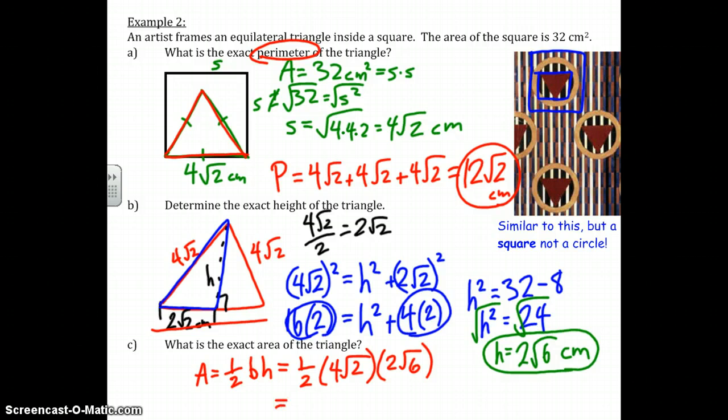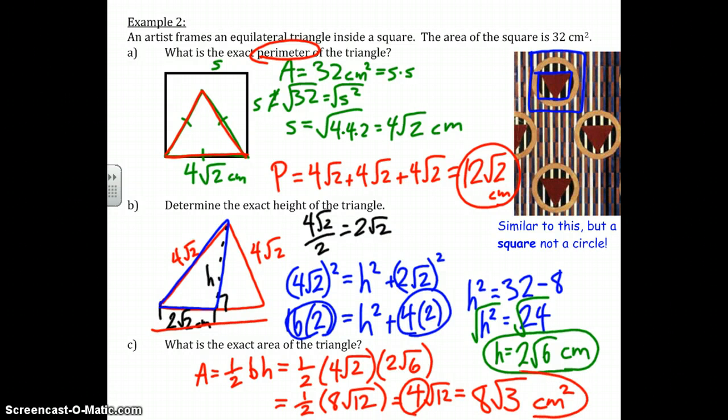That's 1/2 times 8 square root 12. We multiply the 1/2 and the 8, which is 4, and then square root 12 is 2 times 2 times 3, so it becomes 4 times 2 in front, so 8 square root 3. Since it's area, it's centimeters squared.